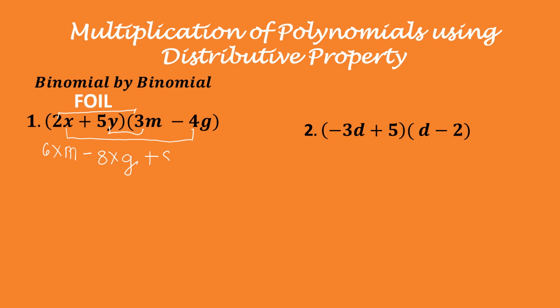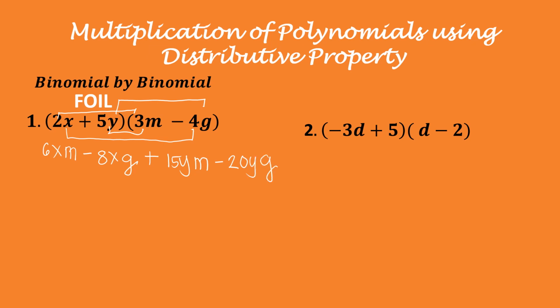Thus, it will give you 15ym. And then the two last terms are the 5y and the negative 4g. Thus, it will give you a product of negative 20yg.